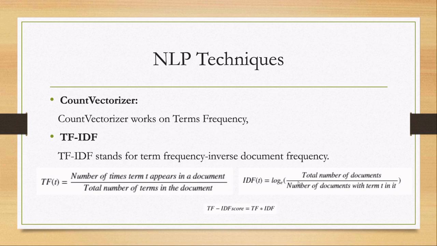It is equal to the log of the total number of documents upon the number of documents with the term t in it. And now the TF-IDF score is equal to TF times IDF. TF-IDF weight is a measure used to evaluate how important a word is to a document in a collection or a corpus.